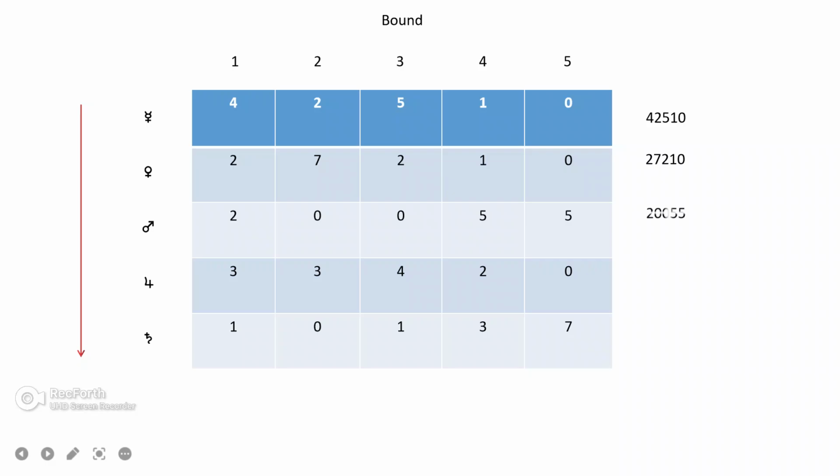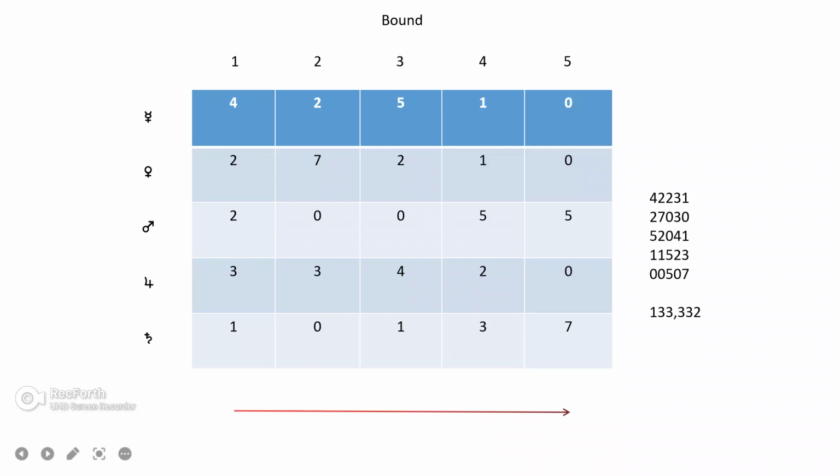So I added 42,510 to 27,210 to 20,055 to 33,420 to 10,137 and got 133,332. And I was like, oh, yeah, cool. All right, well, that's funny.